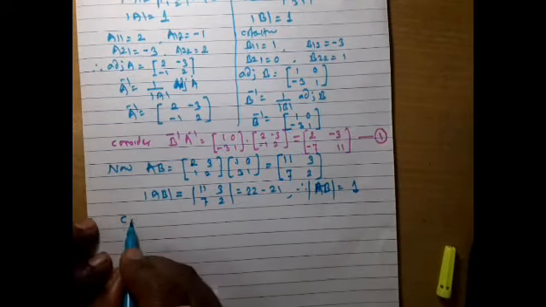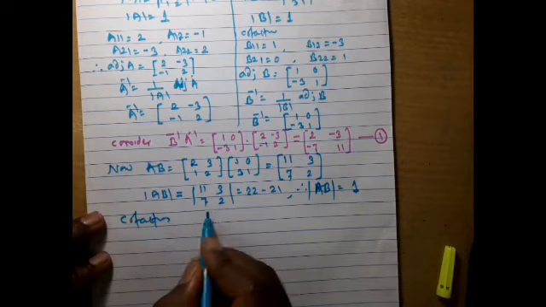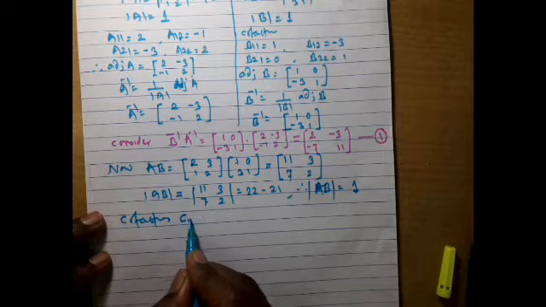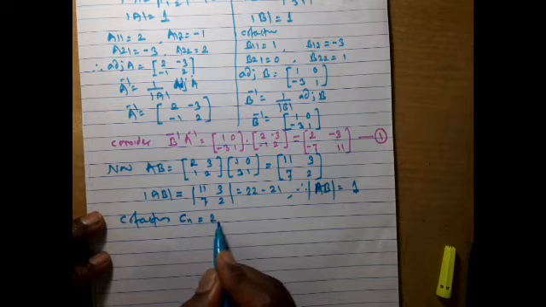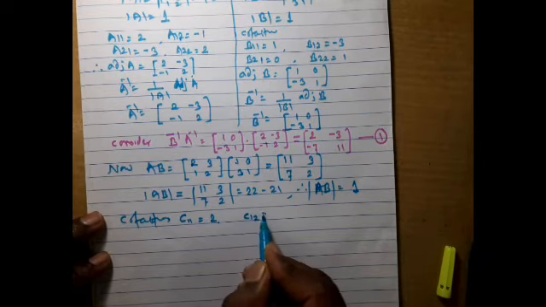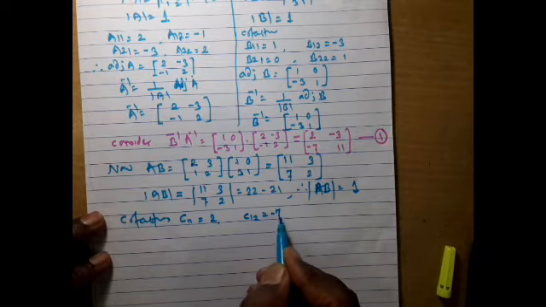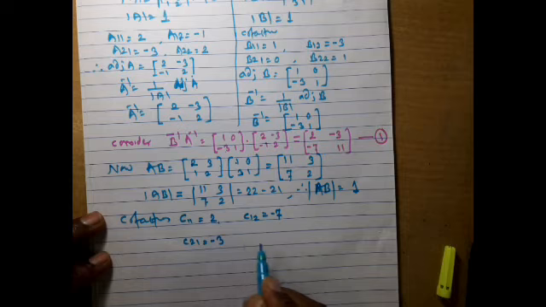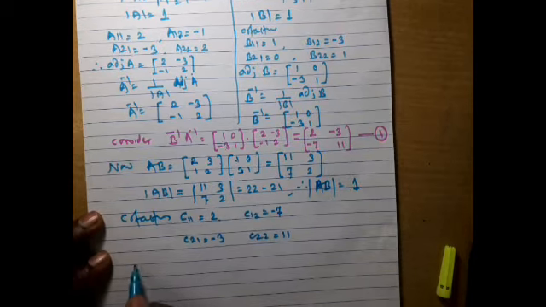Now take the cofactors. First cofactor, say it is C11 is equal to 2, C12 is minus 7, C21 is minus 3 and C22 is 11.